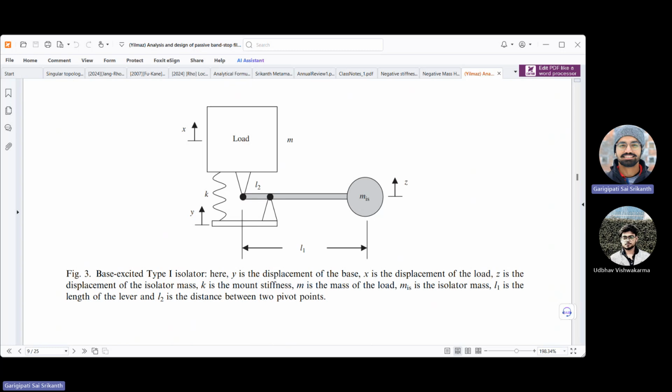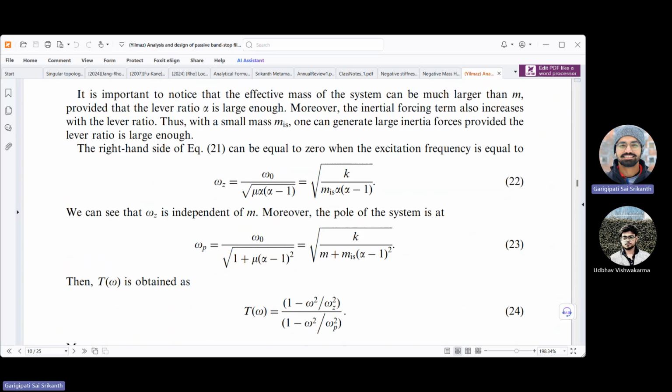So the overall inertia of the mechanism is really high. So what really happens is the peak associated with a single degree of freedom system will shift. Let's see if they have plotted.